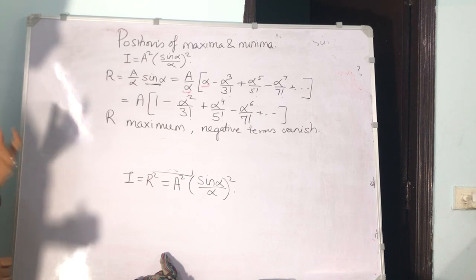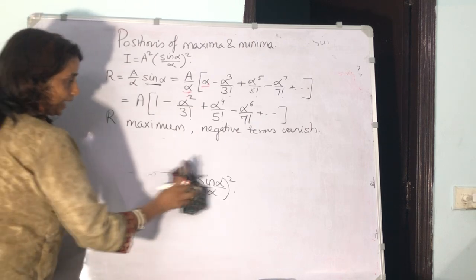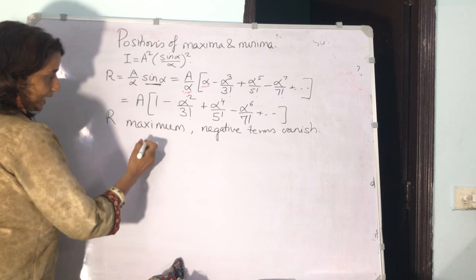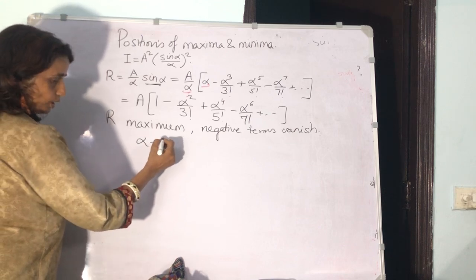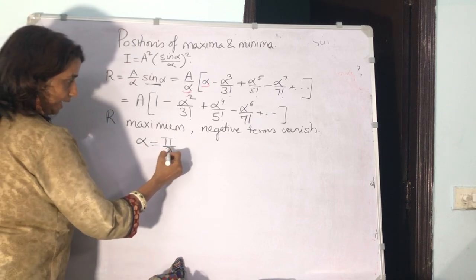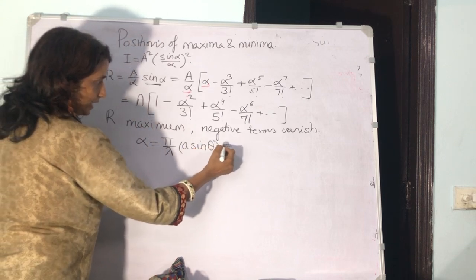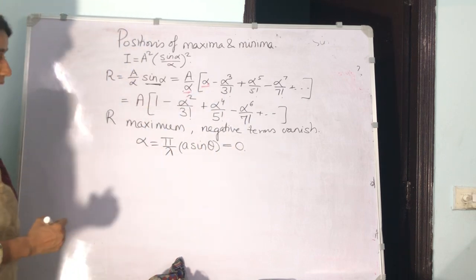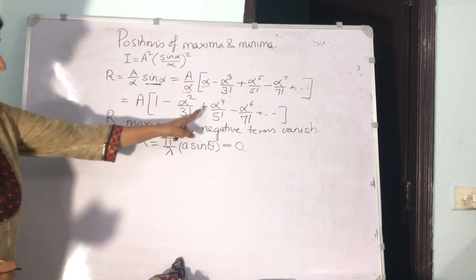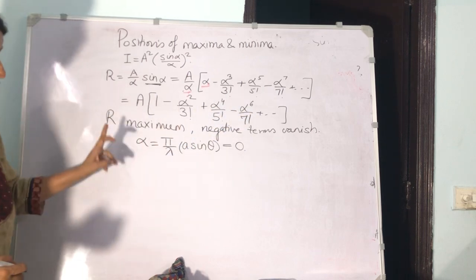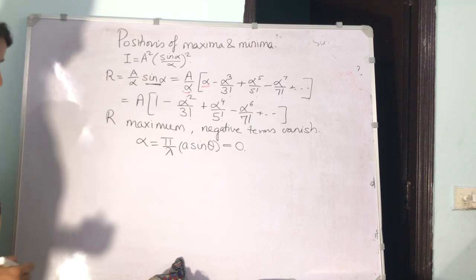This is possible only when alpha is equal to pi upon lambda into a sine theta is equal to 0, because the negative terms have to all vanish for R to be maximum.